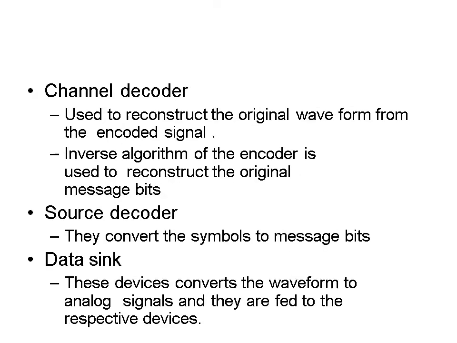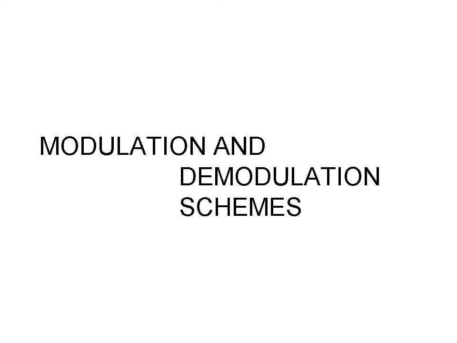The channel decoder is used to reconstruct the original waveform from the encoded signal, and also inverses the algorithm of the encoder, which is used to reconstruct the original message bits. Then the source decoder will convert the symbols to message bits. Then the data sink device converts the waveform to an analog signal and they are fed to the respective device.